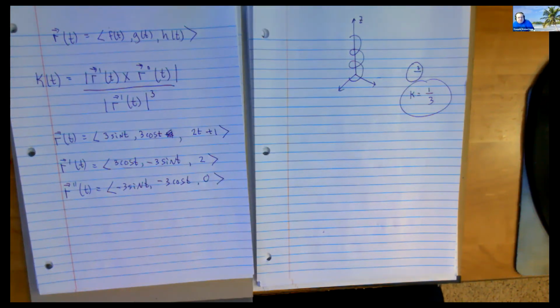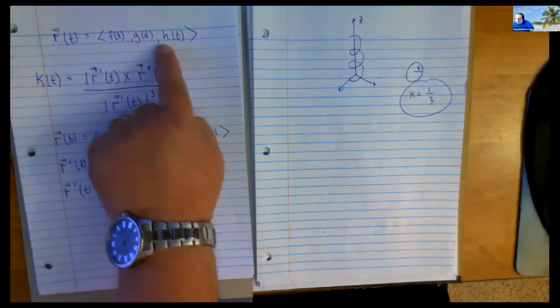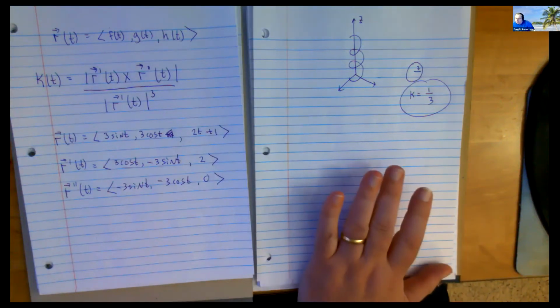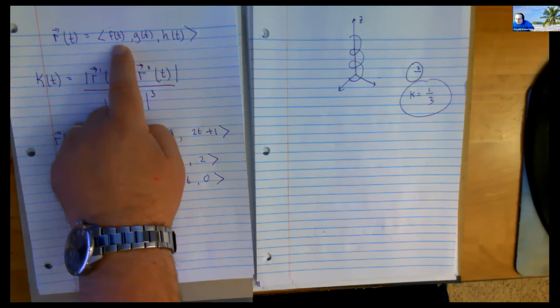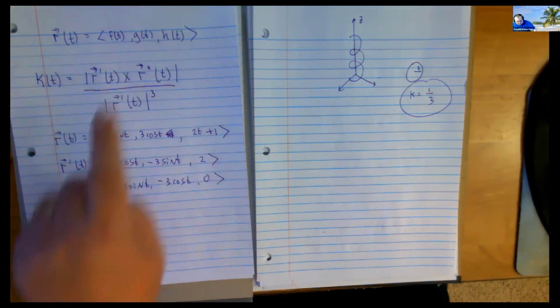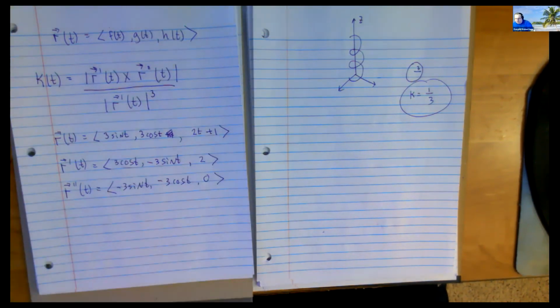Can you imagine that this process of calculating curvature can quite easily get out of control if the original function isn't relatively simple? If you started randomly picking weird stuff for F, G, and H, can you imagine this could turn into a half-hour question?